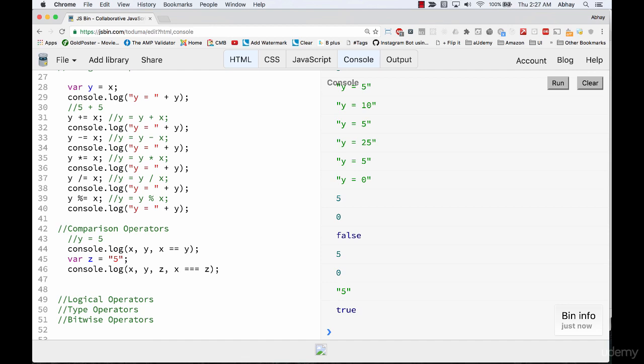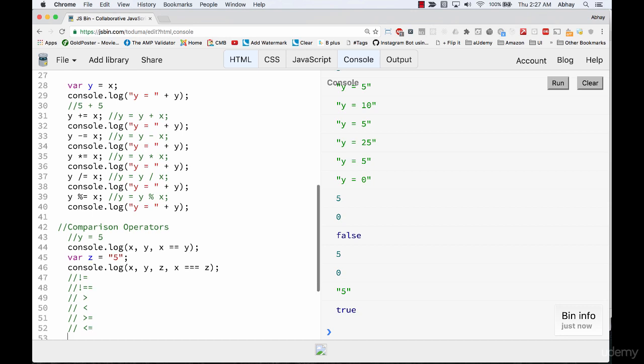There are other comparison operators too, like not equal to. Let me put this in the comments so that if you want to refer to it, you can come back and refer to it. And then again, there is a not equal to for that particular type as well. We also have the same arithmetic operators, which is greater than, less than, greater than equal to, and less than equal to.